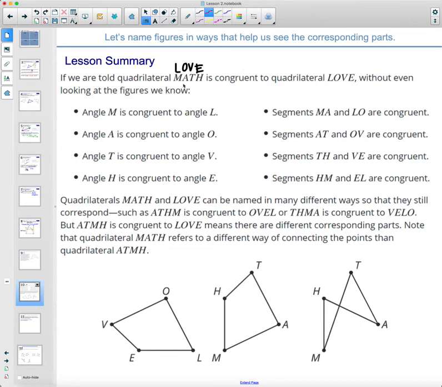Remember, sides have 2 points. So we've got MA with LO, AT with OV, TH with VE, and then you do first and last, so MH with LE. So that's going to match up those parts. You've got to make sure you do that in the correct order.